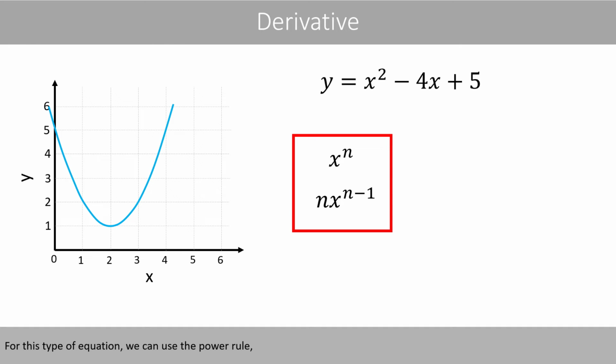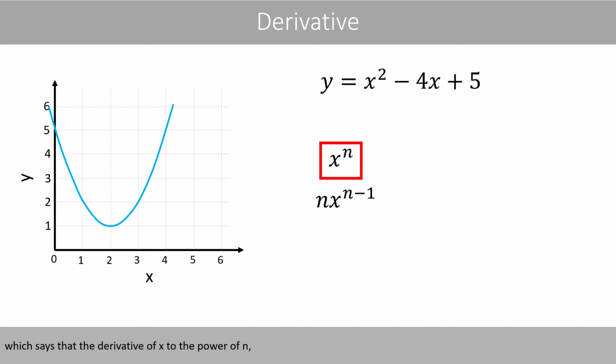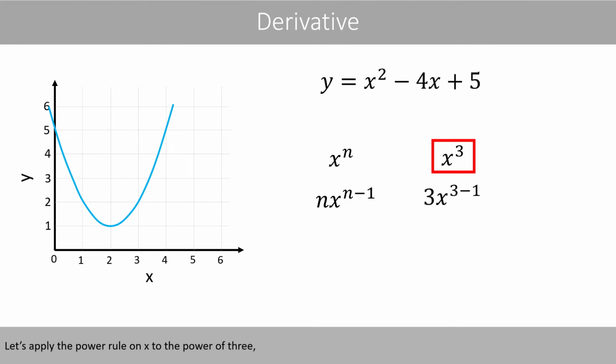For this type of equation, we can use the power rule, which says that the derivative of x to the power n is n times x to the power n minus 1. We can think of this as we move n down here and reduce the exponent by 1. Let's apply the power rule on x to the power 3.